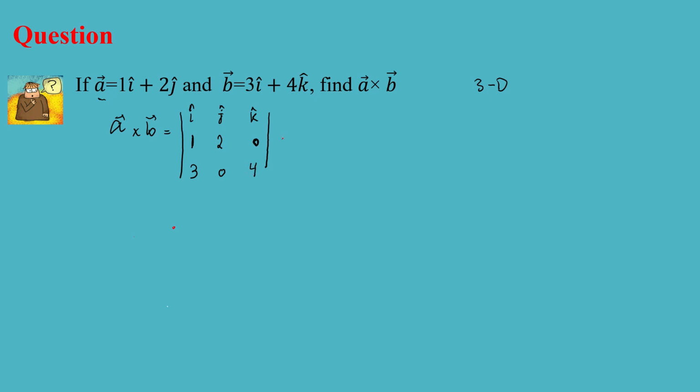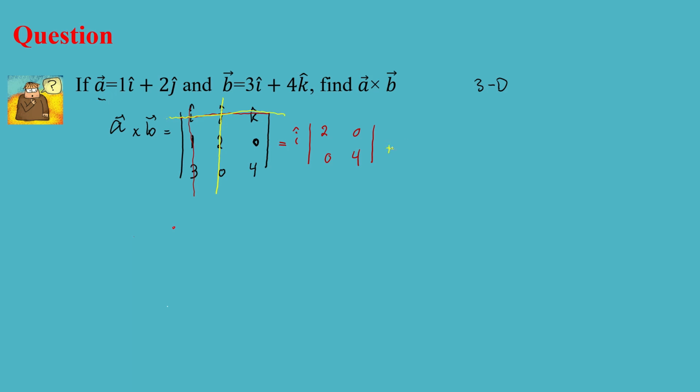So now what I'm going to do is break down these matrices into 3 smaller ones. I'm going to eliminate the first row and the first column. So my I breaks down into the matrix 2, 0, 0, 4. And then for J, I'm going to eliminate the second column and the first row.